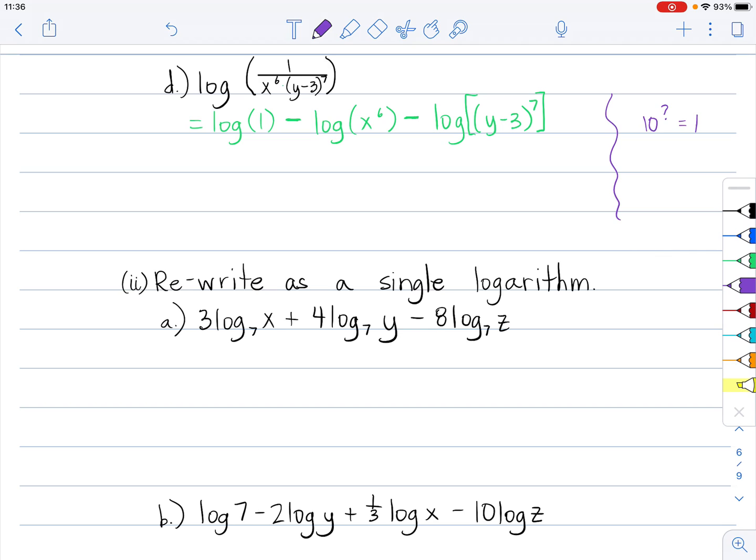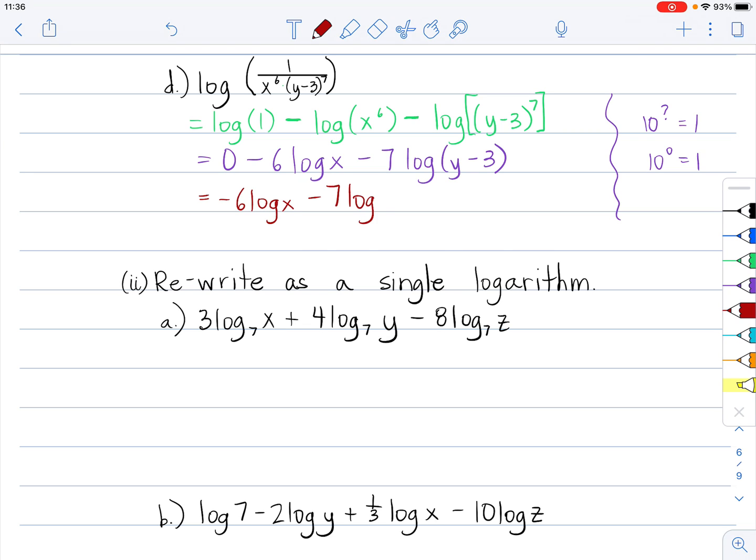My vote is yes, because 10 to the 0 is 1, which makes our exponent here 0 minus 6 log of x minus 7 log of y minus 3. And my final answer here would be negative 6 log x minus 7 log of y minus 3.